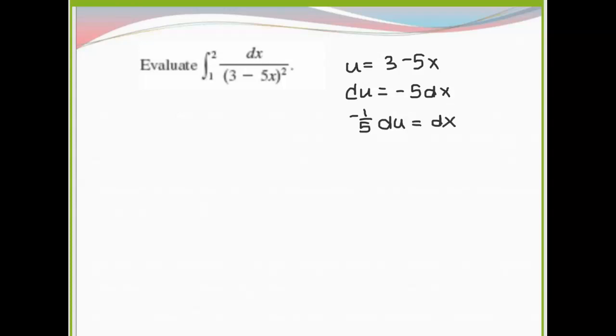And then we're going to change our bounds. So you're going to find u of 2, and you're going to find u of 1. So my upper and lower bound get replaced with -7 and -2.